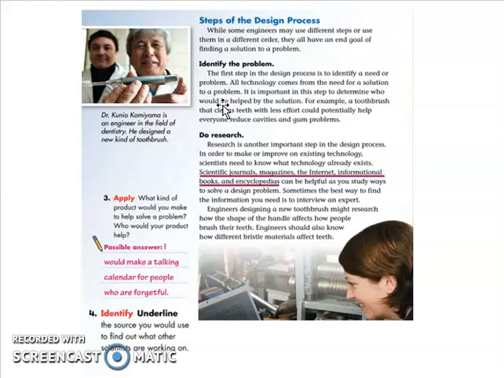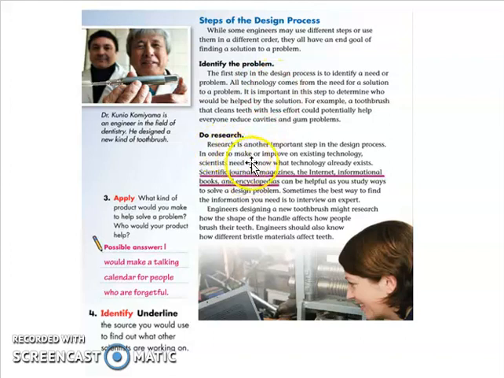Dr. Kunio wants to help us brush our teeth with less effort, but at the same time it also solves the issue of reducing cavities in our gums and in our teeth.